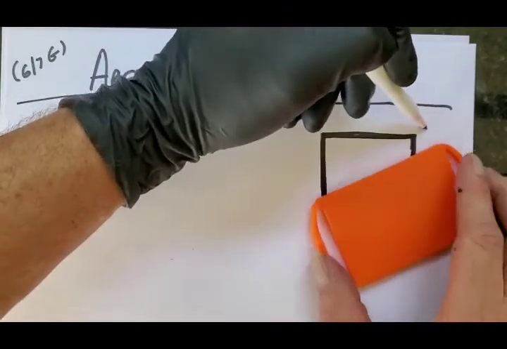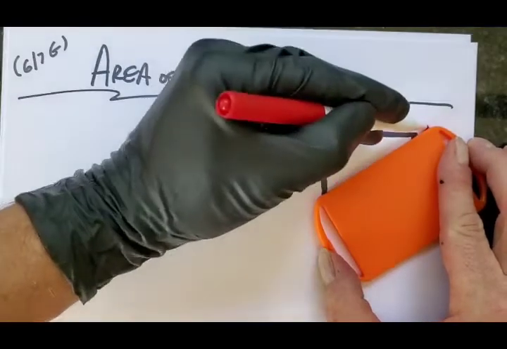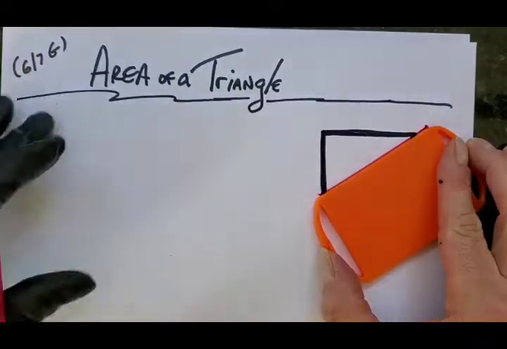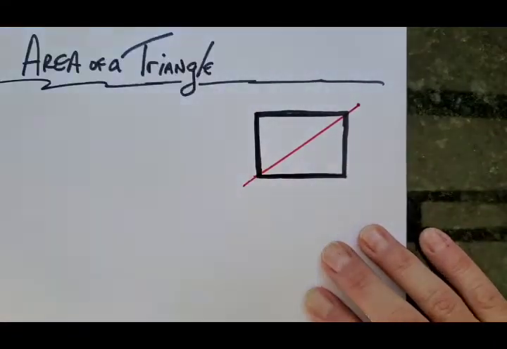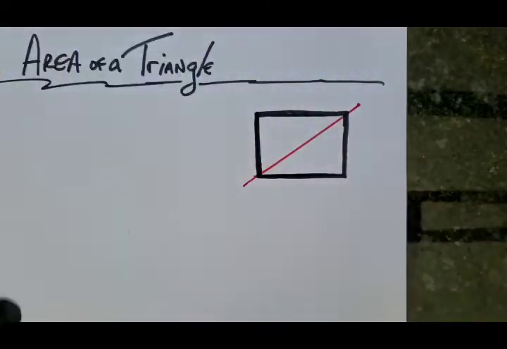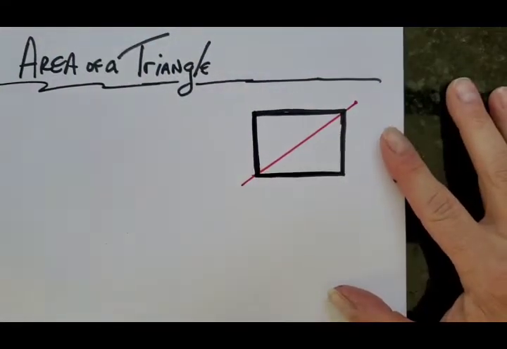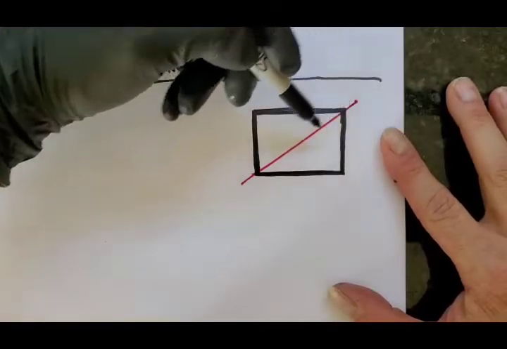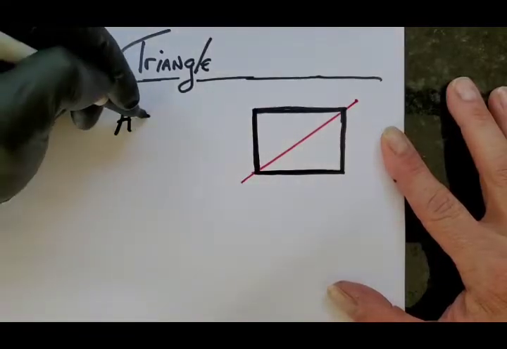So what I'm going to do is take this rectangle and bisect it with that line there. That line just cuts through the rectangle, and you can double check if you want, but I guarantee you that it splits the rectangle into two equal parts.